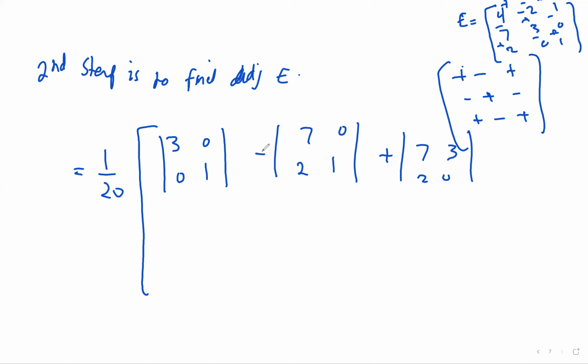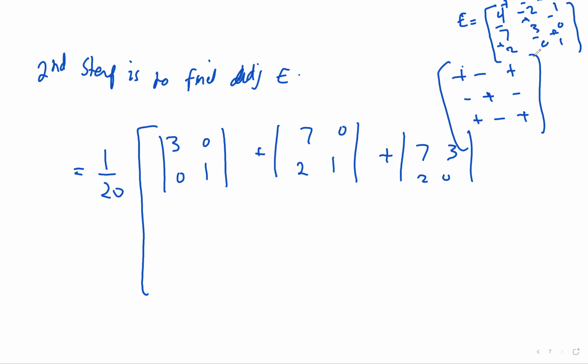And then we will do the same thing, like cover this, and then take minus 2 and 0 and 1, and then cover this. So that's how we do the operation.